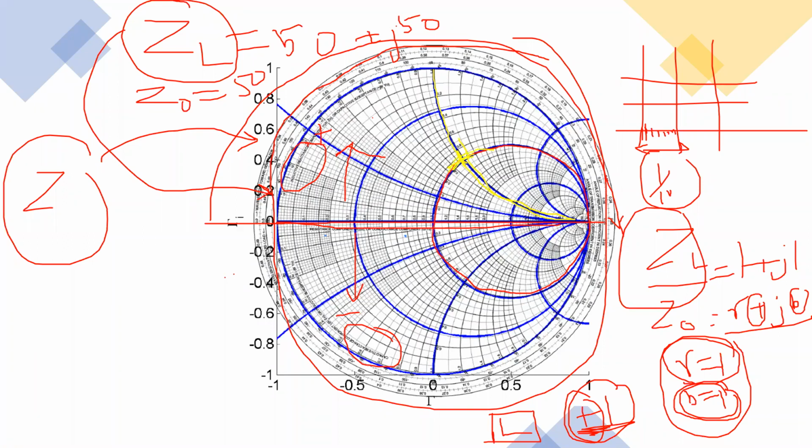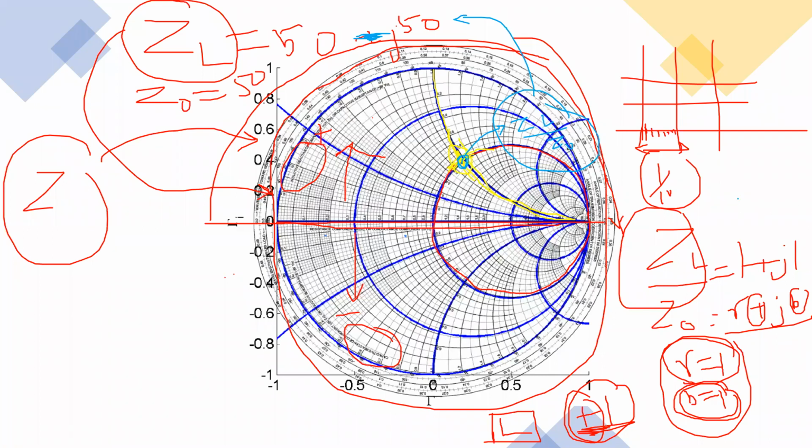This R equal to 1 circle is here and this circle is here. The point we are observing at the intersection gives you the ZL by Z naught plot for the value we are discussing.